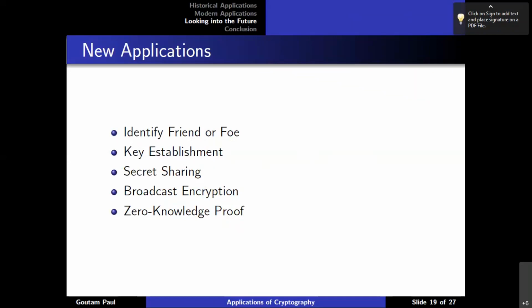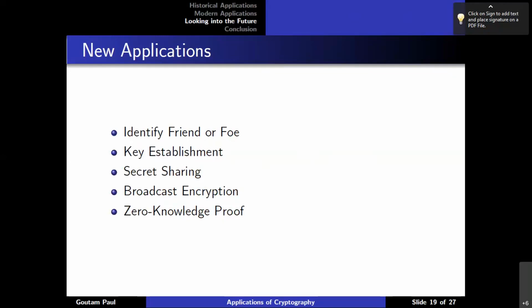Okay, next is broadcast encryption. The cable TV is an example of broadcast encryption, right? Basically what it means is that the sender is broadcasting the message. It can be a Wi-Fi message, it can be a satellite message, it can be whatever. It's flooded in the network outside, in all channels.